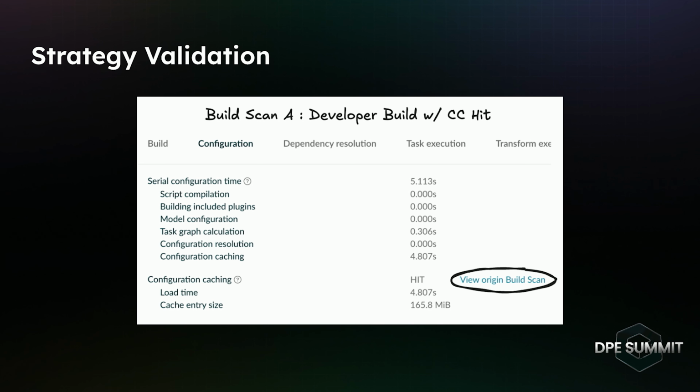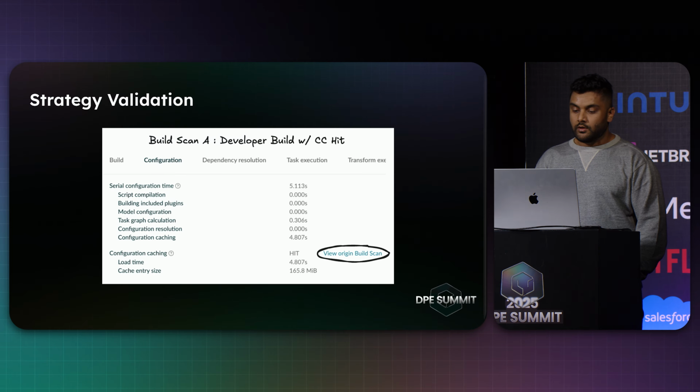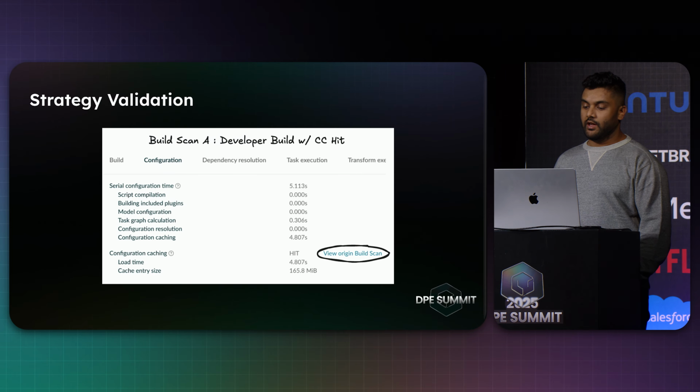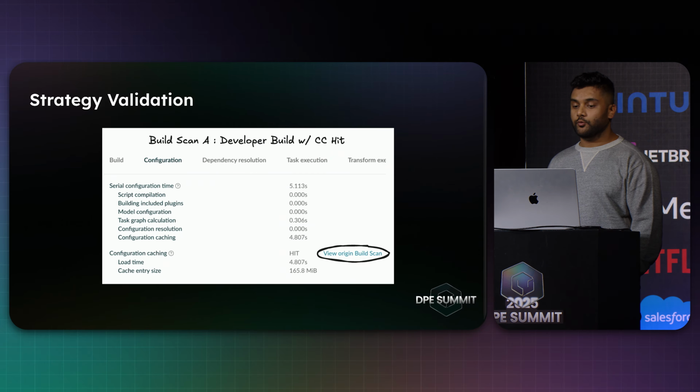To validate the effectiveness of background builds executed by the MDX daemon, we did some investigation. Here we have a build scan from Develocity for a build that was executed by a developer and got a configuration cache hit. The build scan provides a link, View Origin Build Scan, to the build that originally created the cache entry that the developer build was able to reuse.